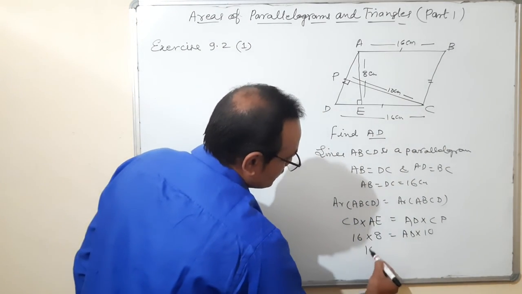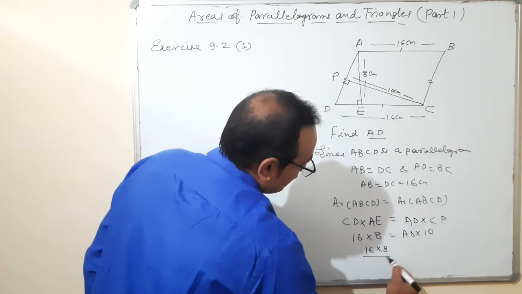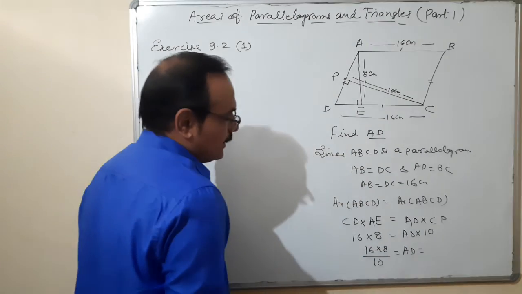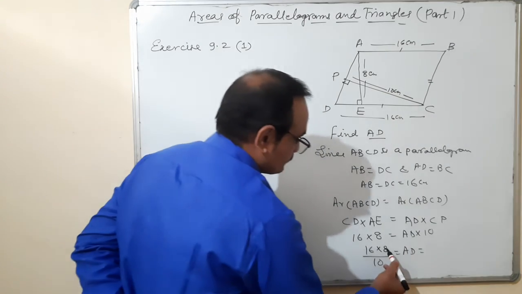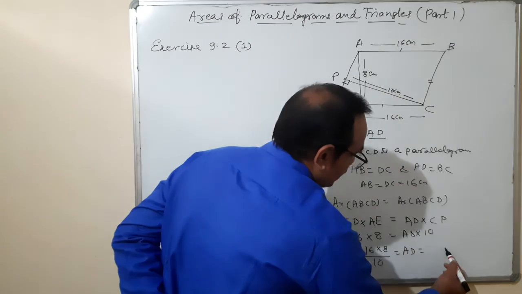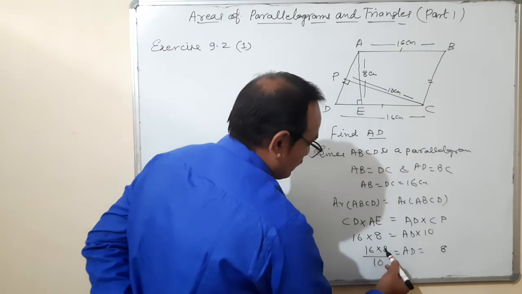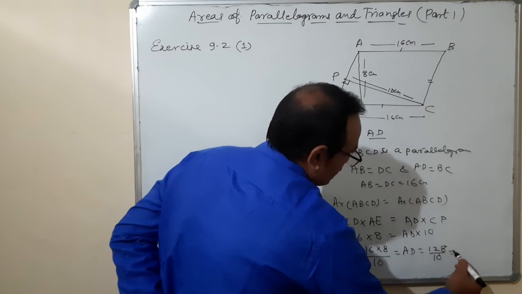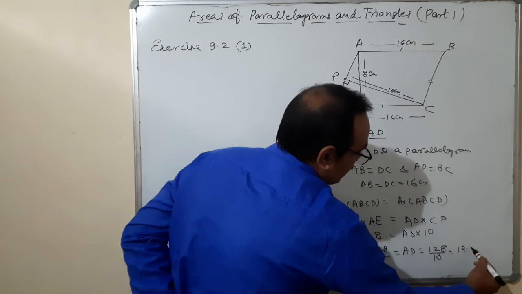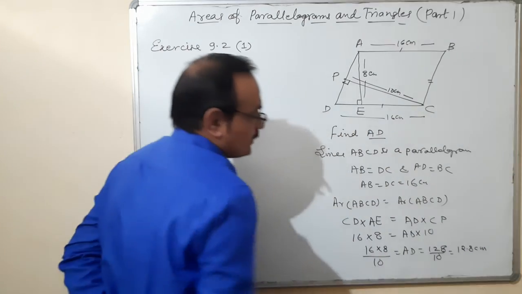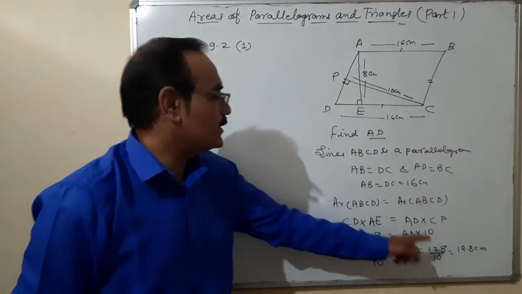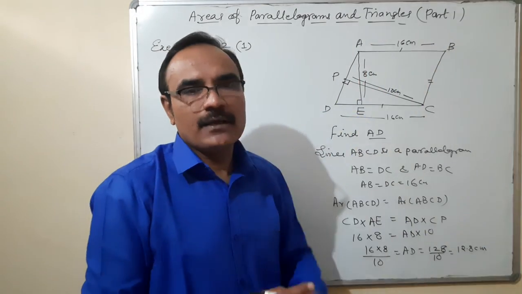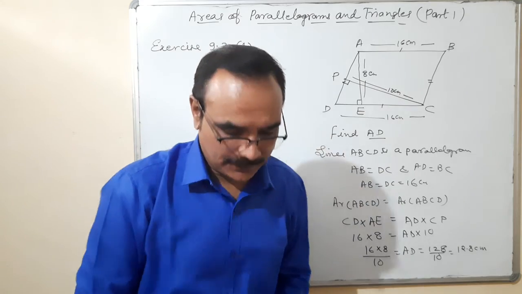So 16 into 8 upon 10, that is 128 upon 10, which means 12.8 centimeter. So the length of AD is 12.8 centimeter. The same as AD is equal to BC, BC is also 12.8.